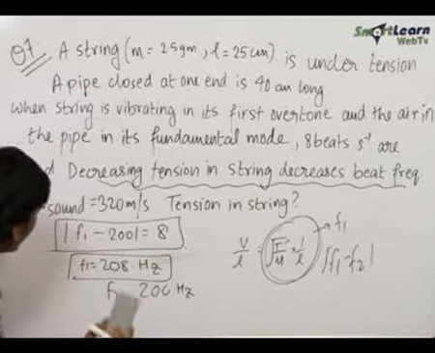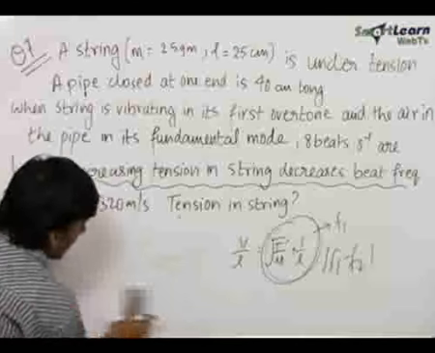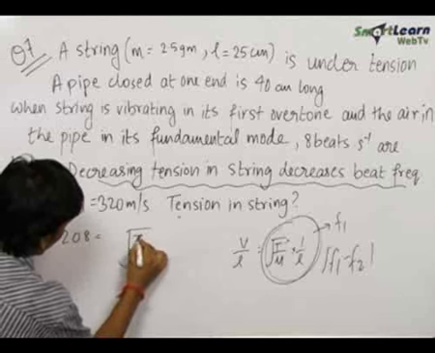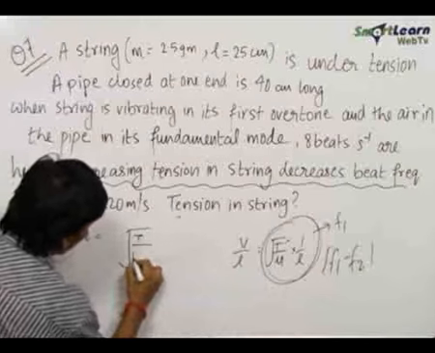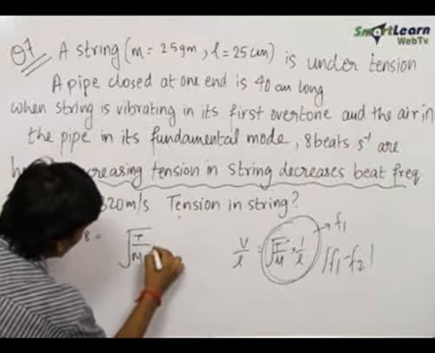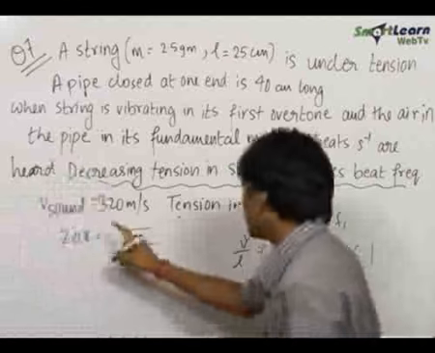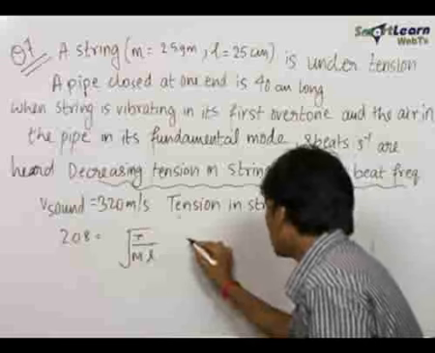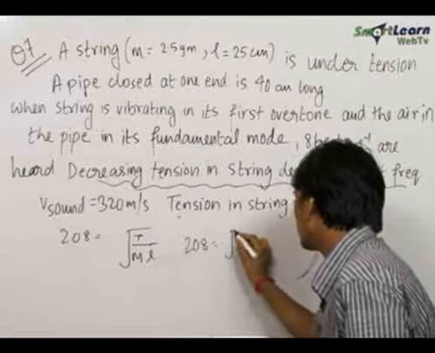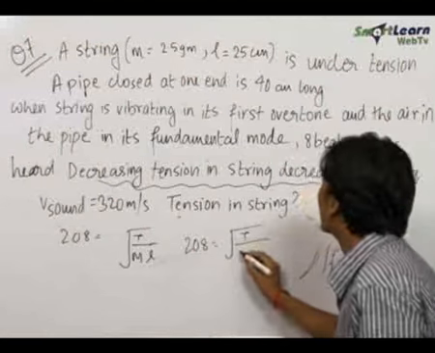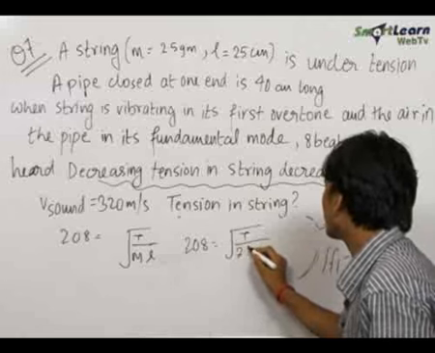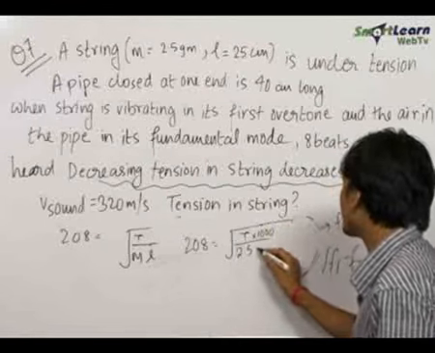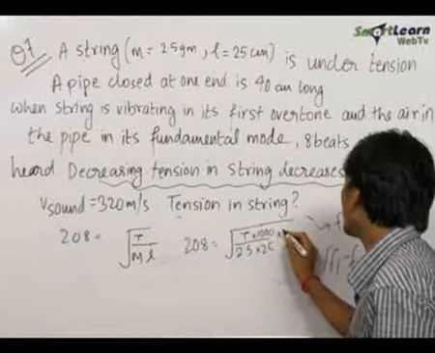So now that we know the frequency of the vibrating string, we put it over here to get 208 is equal to root over T upon mu, where mu is mass per unit length, M upon L, that is equal to M into L. On solving this we get 208 is equal to root over T upon mass, which is given to be 2.5 grams into 1000, the length is given 25 centimeters, that is 25 into 100.